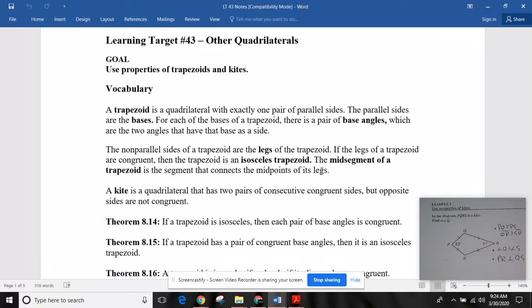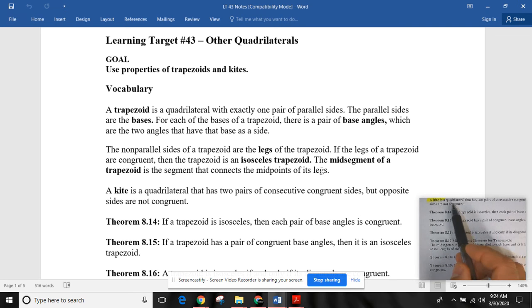So I really challenge you to get back into your notes and look at some of these characteristics that we do have. The isosceles trapezoid, the regular trapezoid, all these characteristics down here that you'll want to read about.